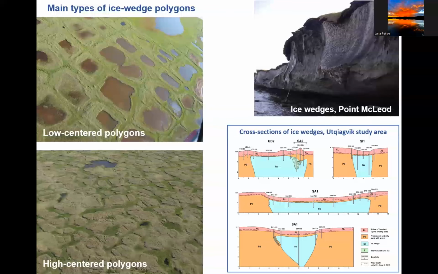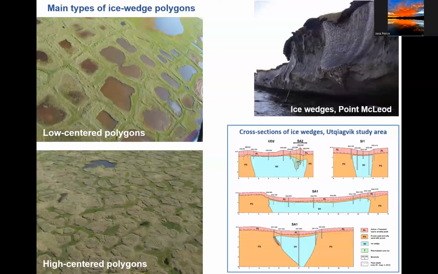Low-centered polygons indicate growing active ice wedges, and they're typical mainly of recently exposed surfaces like floodplains and drained lake basins, while high-centered polygons indicate partial degradation of ice wedges, and we can see them mostly in the areas with older deposits like old drained lake basins and primary surface of the Arctic coastal plain.